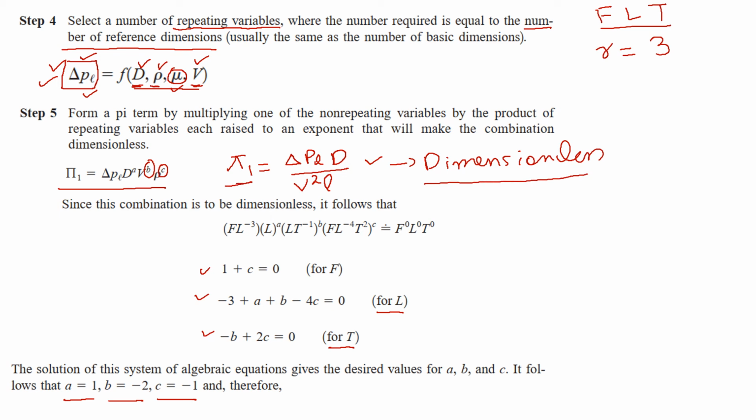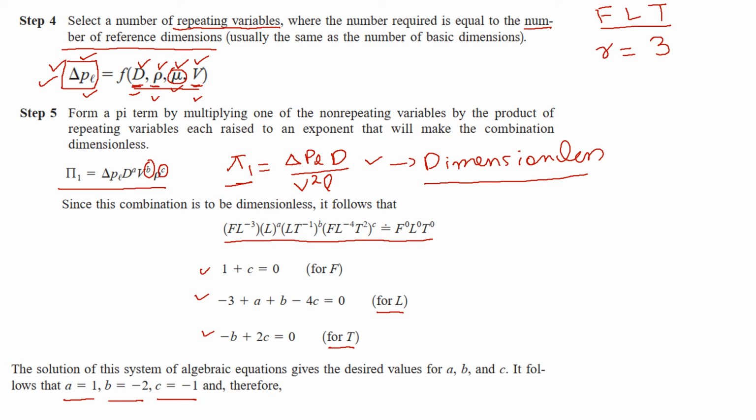So now you understand how we form our pi terms. We also need to find another pi term, and we will repeat the same procedure for finding pi 2. We will take our next non-repeating variable, which is viscosity, and multiply it with our repeating variables, that is diameter, density, and velocity. We will write it in dimension form, equate it to a non-dimensional entity, find our values for a, b, c, and arrange pi 2 in a dimensionless form.